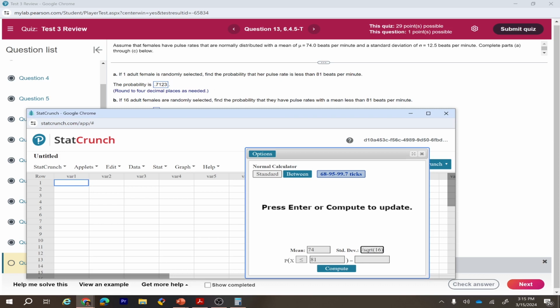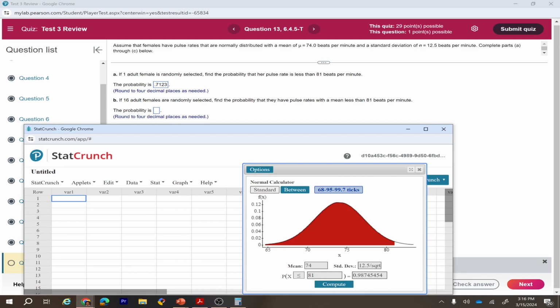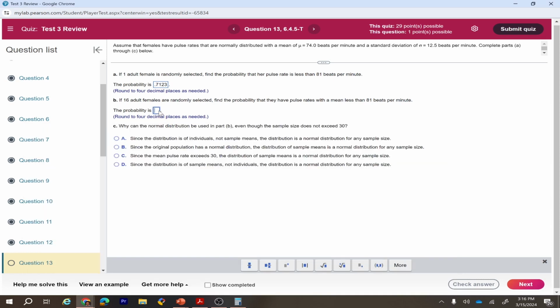I'm going to type SQRT, which means square root of 16. Now we want to find the very same information, and if you hit compute, that will give you 0.9875 if you round it to the 4 decimal place.